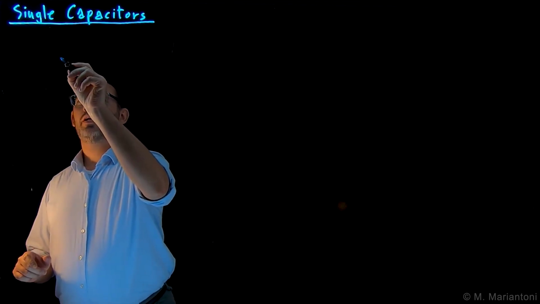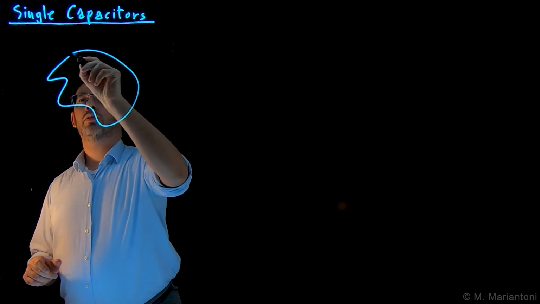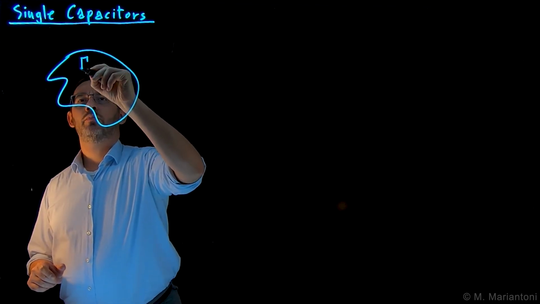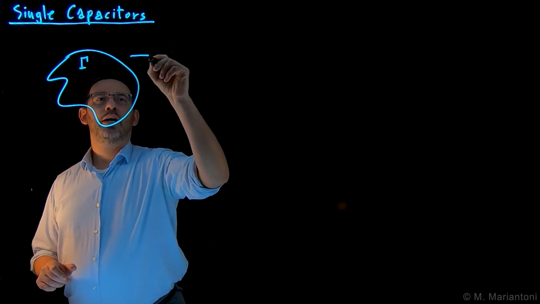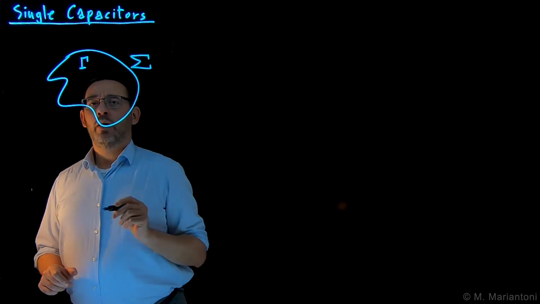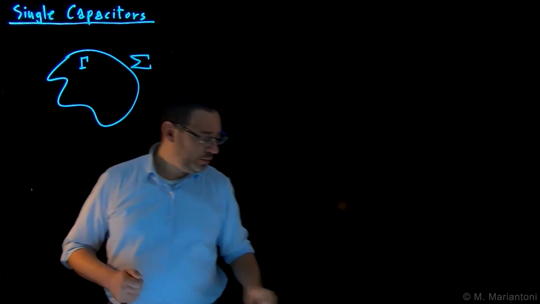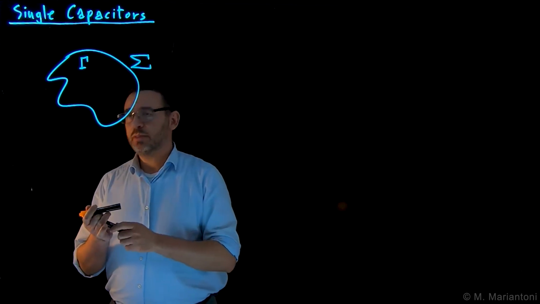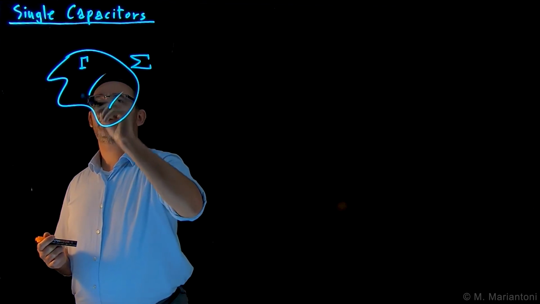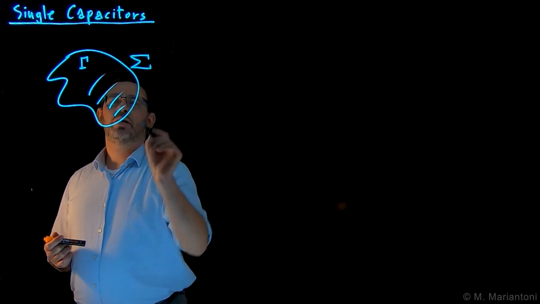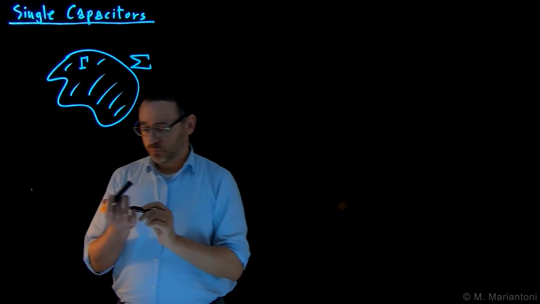So again, to summarize here, we have a single conductor, let's call it capital gamma, with external surface capital sigma. And suppose that we apply, of course everything is in macroscopic electrostatic equilibrium, the conductor is here, and all the rest is vacuum.